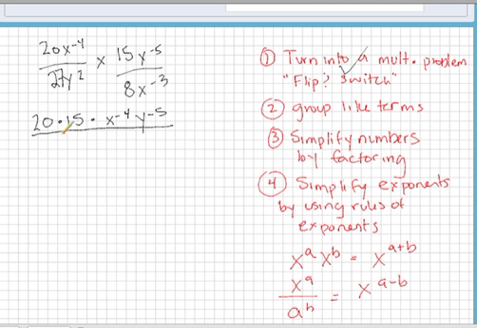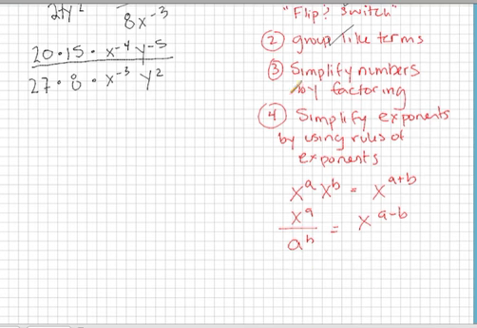On the bottom, I have 27 times 8 times x to the negative 3 times y squared. So all I did was group my numbers, group my x's, and group my y's on top and bottom like that to make it easier to simplify.